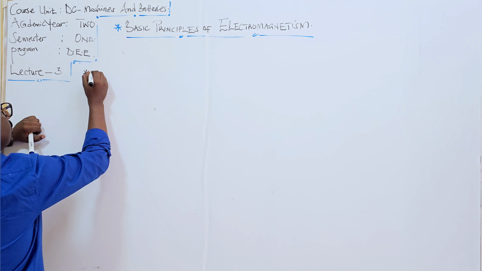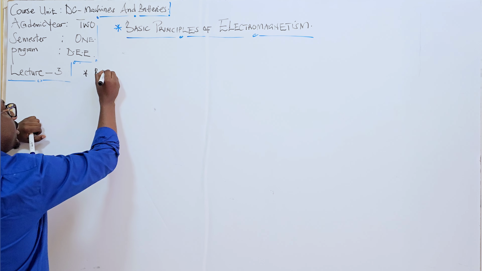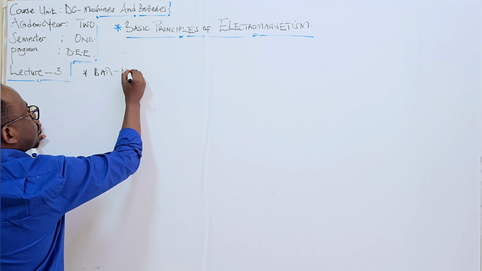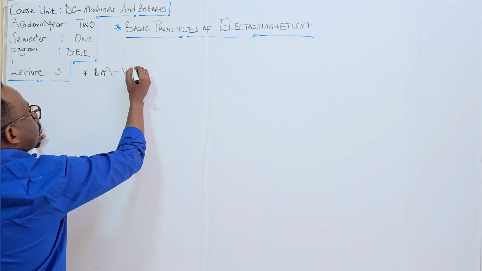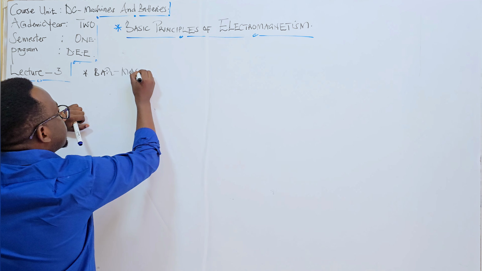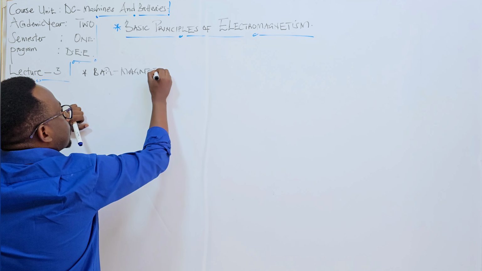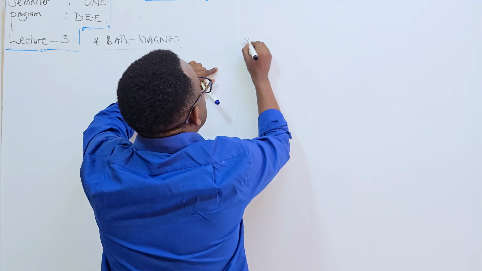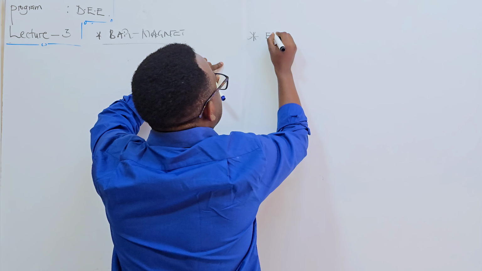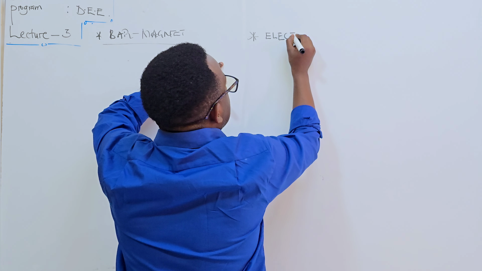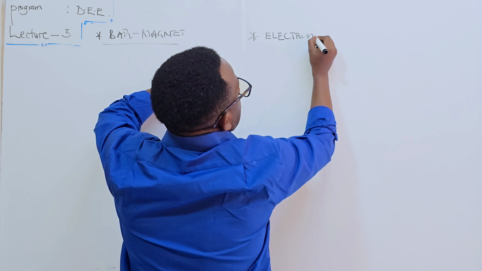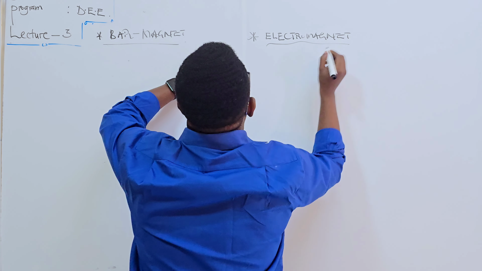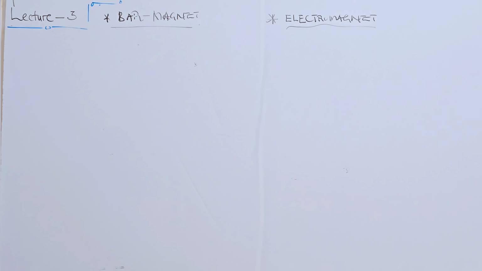Let's have our ordinary bar magnet to one side and what we termed the electromagnet to the other side.